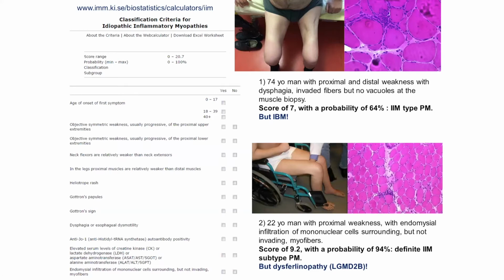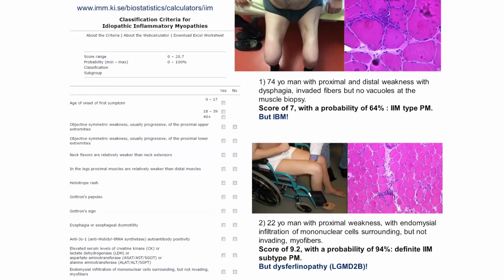And because it is modern, you also have the help of one algorithm online, and you just have to log on this website, and you answer these 13 different questions, and that gives you a probability to have one of these 3 subgroups, dermato, poly, or IBM, or to not have a myositis.